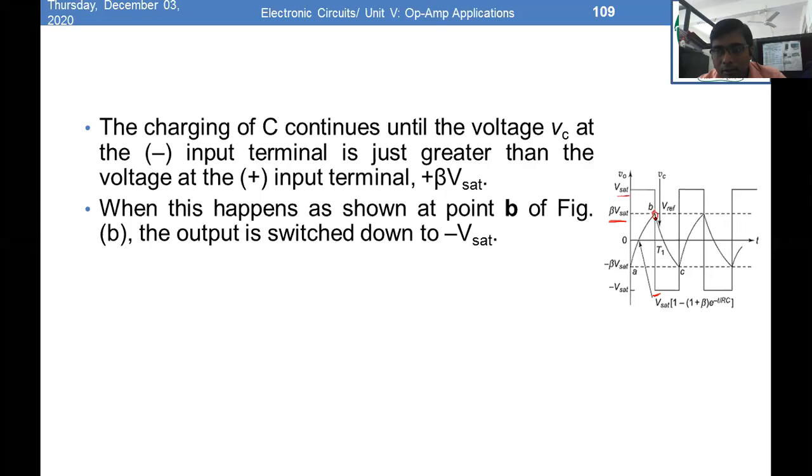It decreases very slowly, because it takes time to discharge the capacitor.